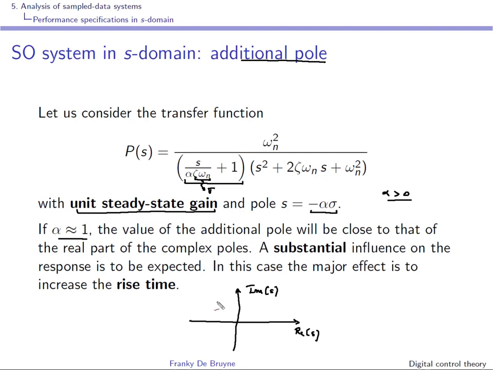The complex conjugated dominant poles, which will not be dominant anymore in this case, are located over here, and the additional pole is located over here. It's a real pole, and in this case you can expect a substantial influence. The major effect will be that you will slow down the system, and this will increase the rise time.